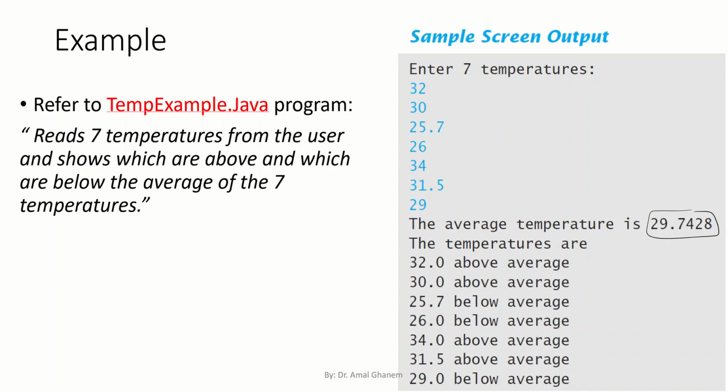So I go to the first number, 32, and because it is compared with the average, which is 29, I will say 32 is above the average. The second number, 30, I will have to mention this is above. The third number, which is 25.7, we will say this is below.